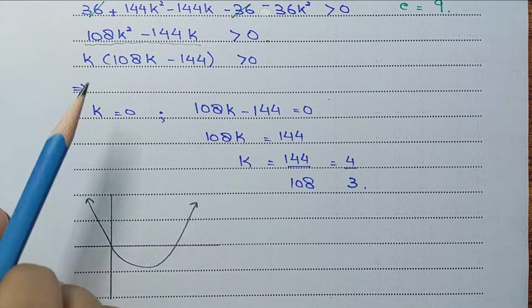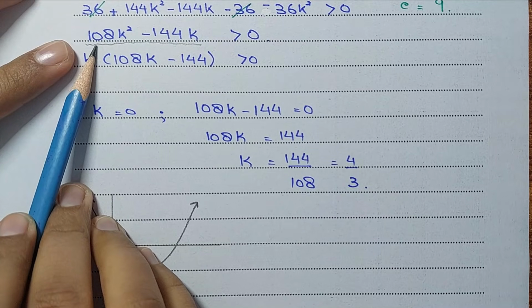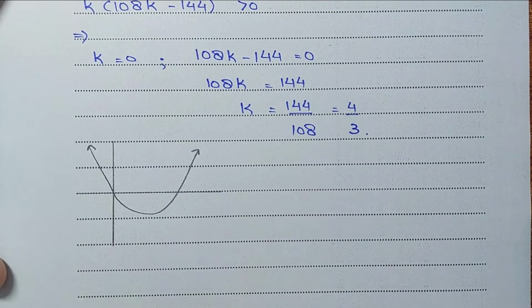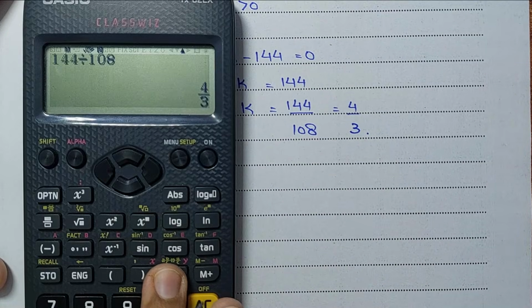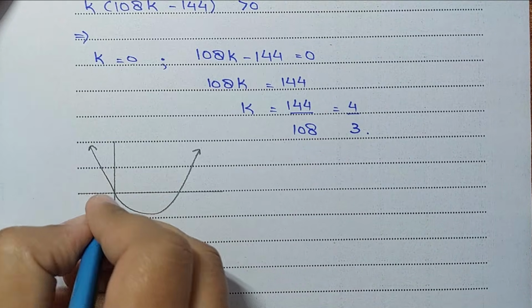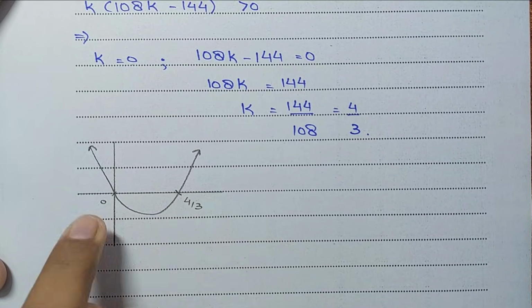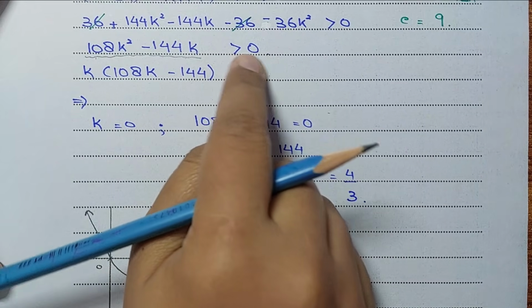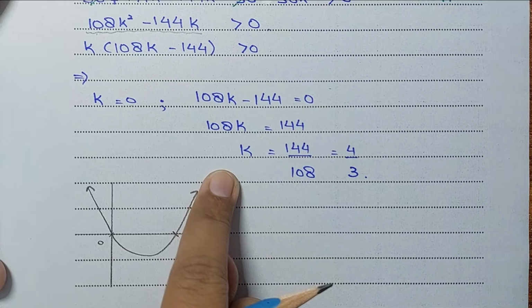With this equation, we come to know that it's a quadratic. The graph is a parabola. Opening is upward because the k² coefficient is positive, right? Now the two roots are 0 and 4/3. What is 4/3? 1.3. Okay. So this is 0 and this is 4/3. Okay, so with these two roots we need to find when it is greater than 0.